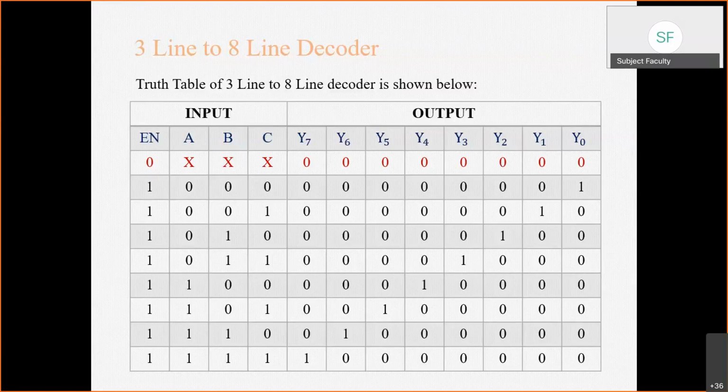Anyone? What is the relation between input and output of the decoder? If input is n, then output will be 2 raised to power n. So now, if my input is 5, then the output will be 32. The number of output lines will be 32.